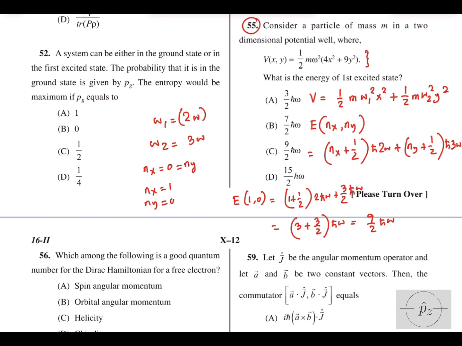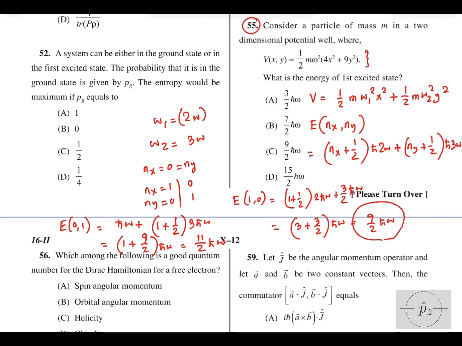On the other hand, if we put nx to be 0 and ny to be 1, the energy E(0,1) would be h bar omega plus (1 plus half) times 3 h bar omega. This is given by (1 plus 9 by 2) h bar omega, and this is 11 by 2 h bar omega. So we clearly see that this is the first excited state. So option C is the correct answer.